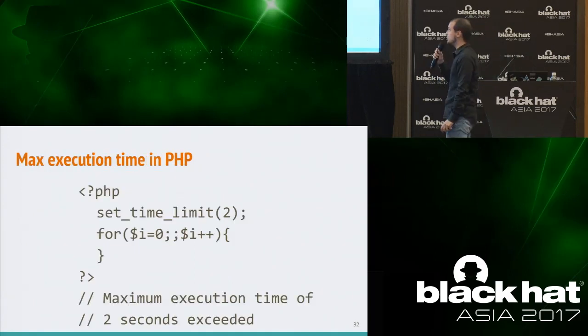So, going back to PHP, which is pretty widespread, I still have to understand why. PHP allows you to set execution time for anything, and if that is exceeded, the runtime will kill it for you.